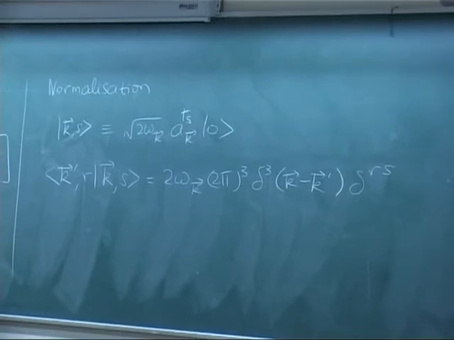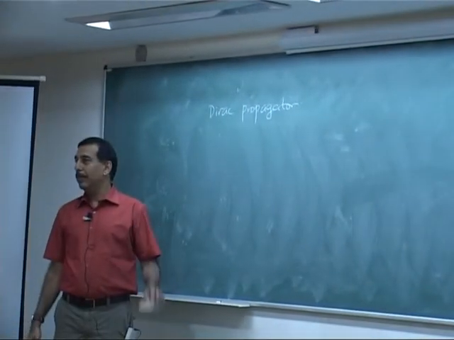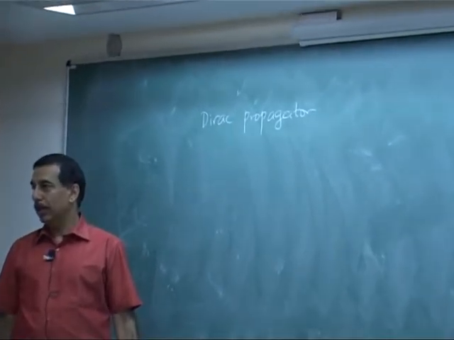Good. Now the last thing we need to do, we're running a little bit late because I have something else also to tell you. So I'll do this quickly, is the propagator. For this, we have to modify our definition of time ordering because of the fact that fermions anti-commute. Okay?